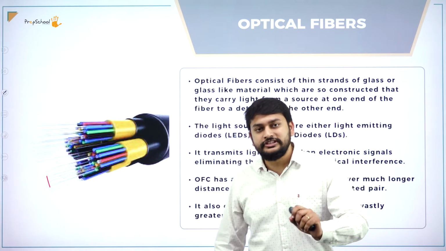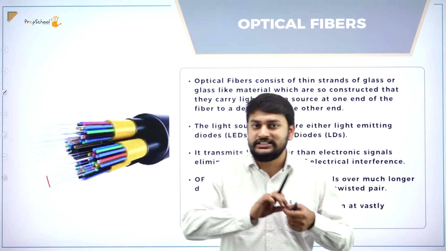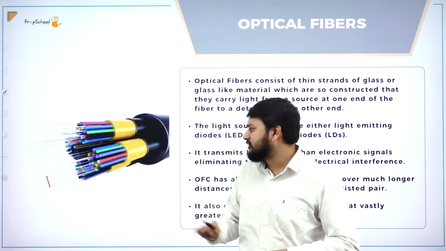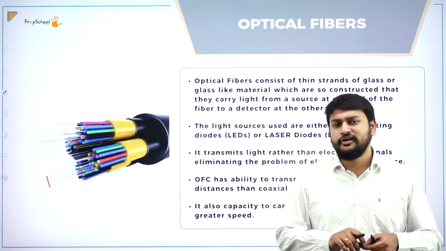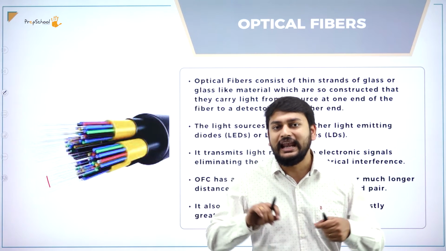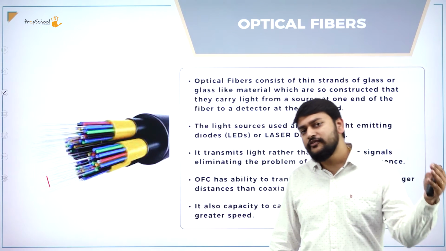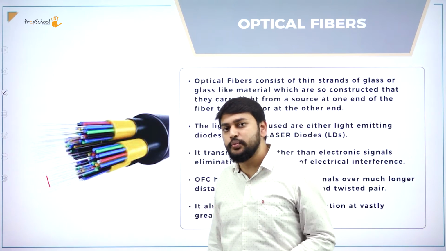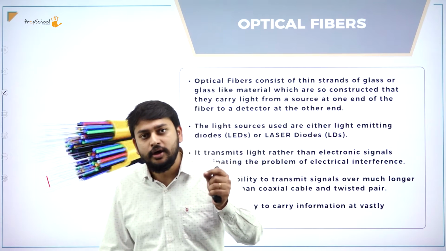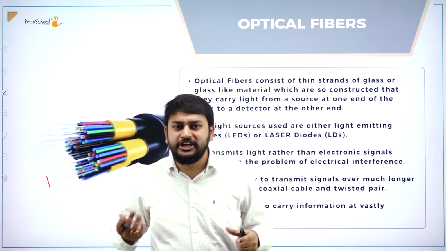All of you would have seen the broomstick, right? Whatever strands you have, it looks almost the same, but instead of that material, we are using glass strands. Why are we using glass strands? The only challenge whenever I'm transmitting data is that you would have observed a lot of shielding.